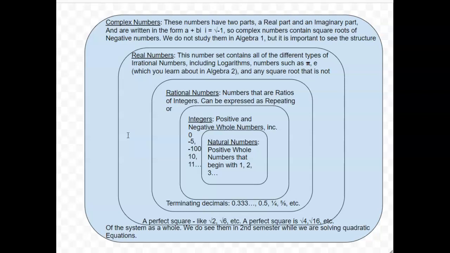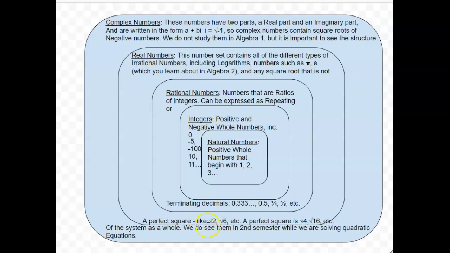An irrational number is a number that cannot be expressed as the ratio of two integers. And like I said, we're going to learn about that very soon. But some of the irrational numbers that are in this set are numbers such as pi and e, which you learn about in Algebra 2, and any square root that is not a perfect square, which we do learn about in Algebra 1.